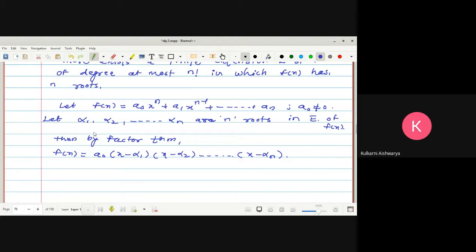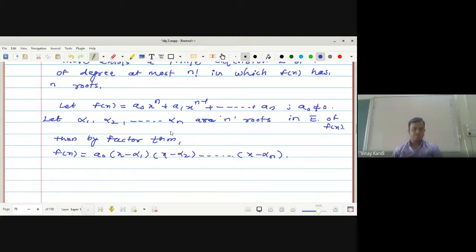No, sir. These alpha 1, alpha 2 up to alpha n are the roots of this polynomial f of x. Then f of x can be written as a naught into x minus alpha 1, x minus alpha 2, up to x minus alpha n. So in this way f of x splits completely.